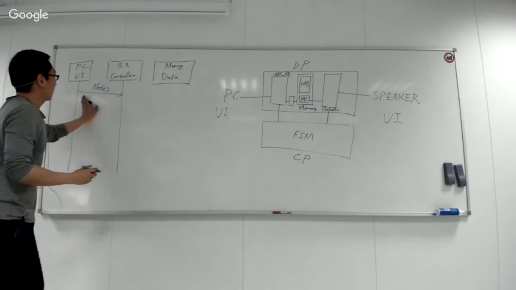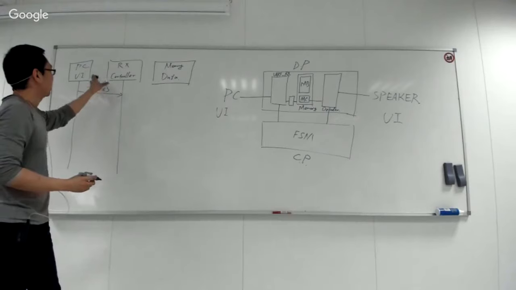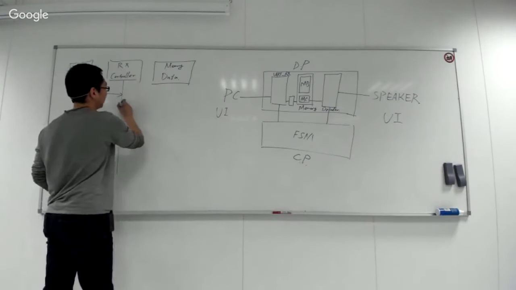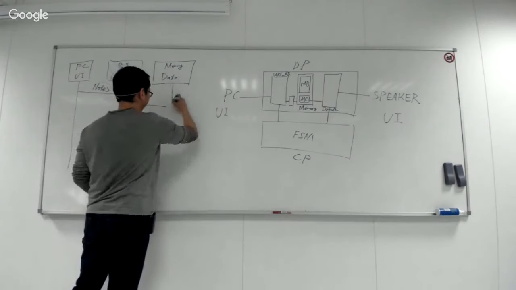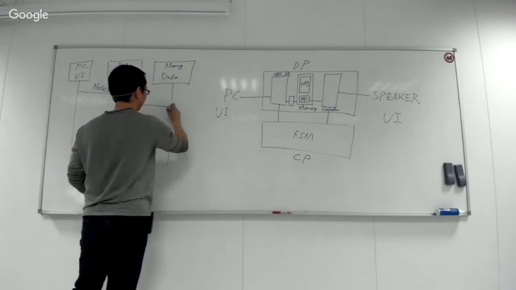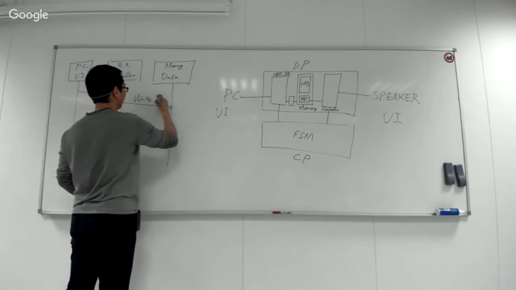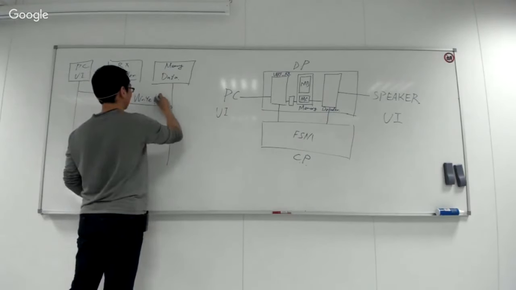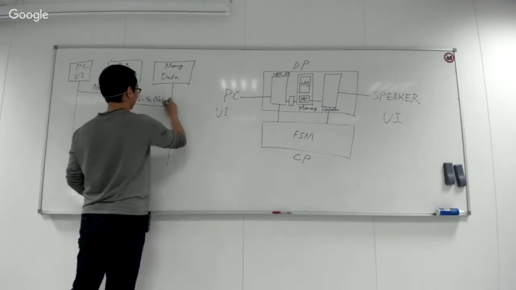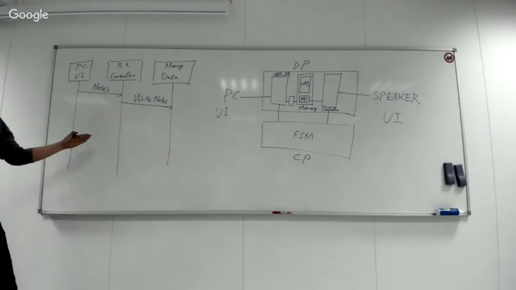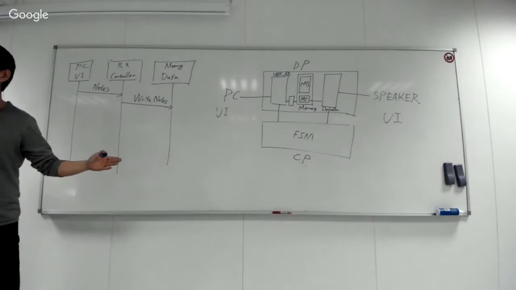When the notes have been sent into the controller, then the controller can send out, let's say, write notes. So this is basically it for the sequence diagram. Isn't it fairly simple?